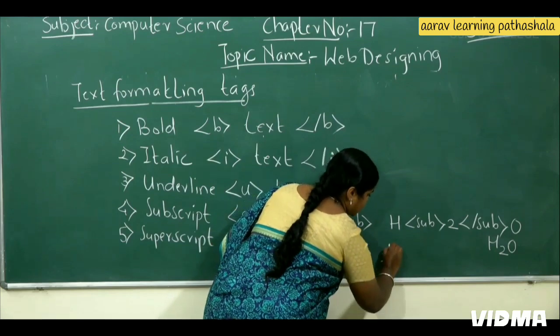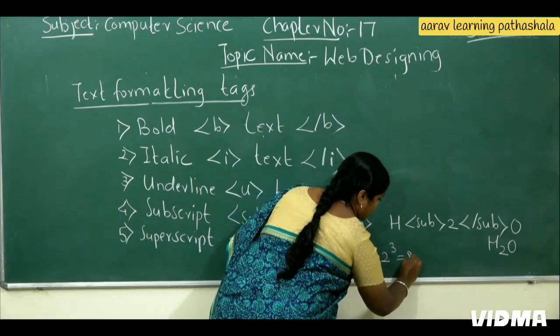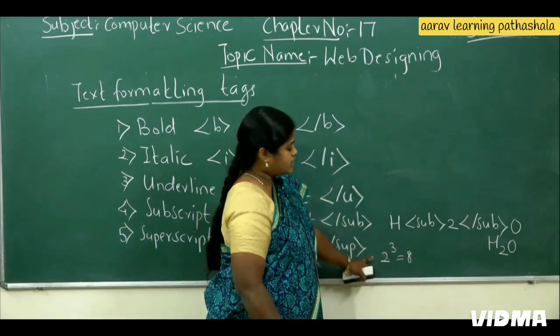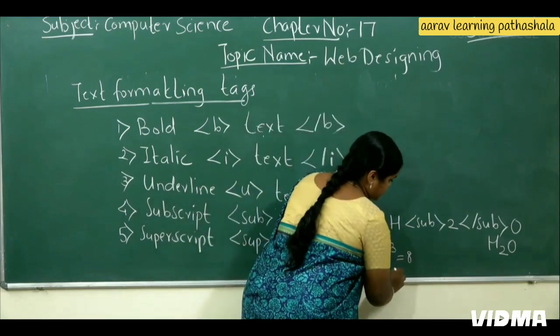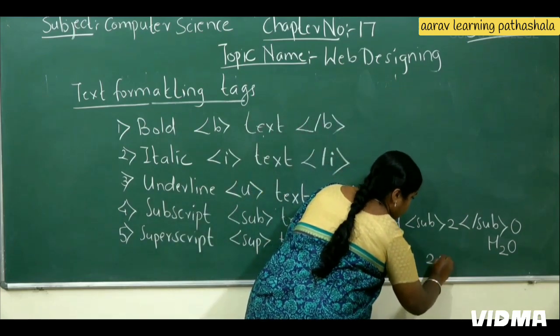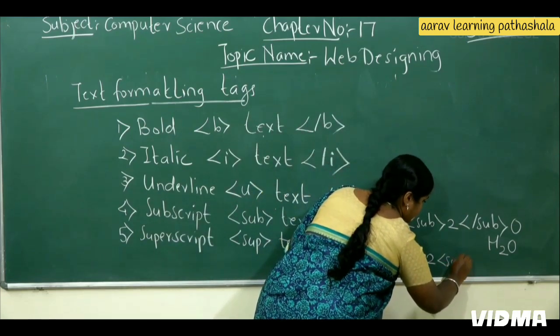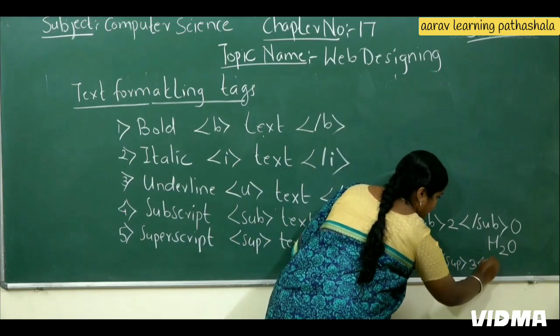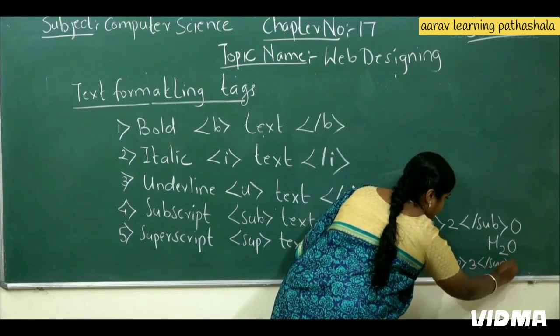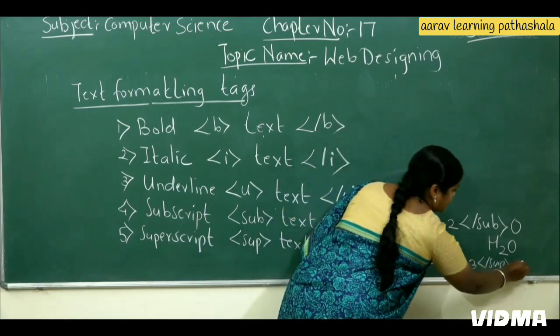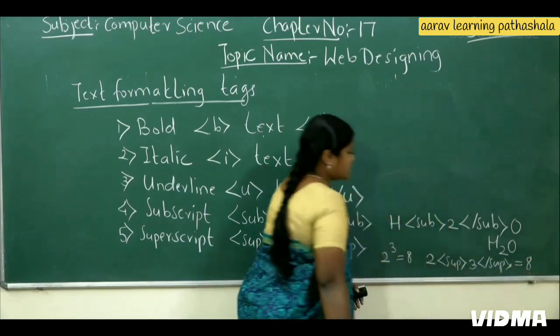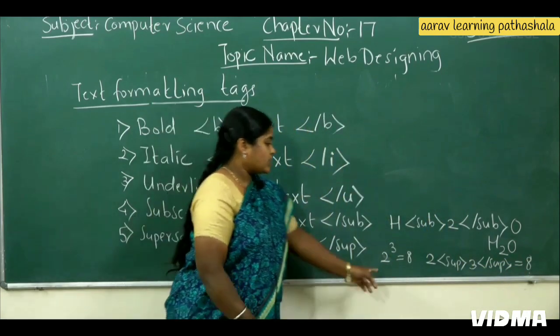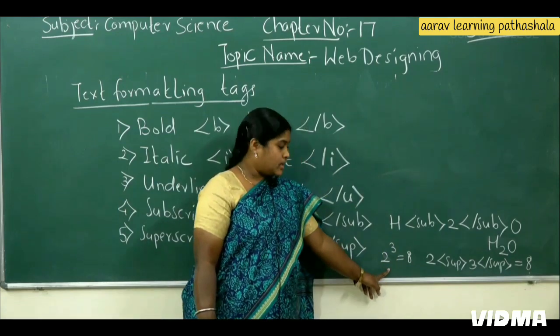Suppose I say 2 raised to 3 is equal to 8, and I want to get this output. How am I supposed to write the tag? 2 <sup>, this 3 has to be raised, so 3, then </sup> and is equal to 8. So this is how the tag for this output will be written.